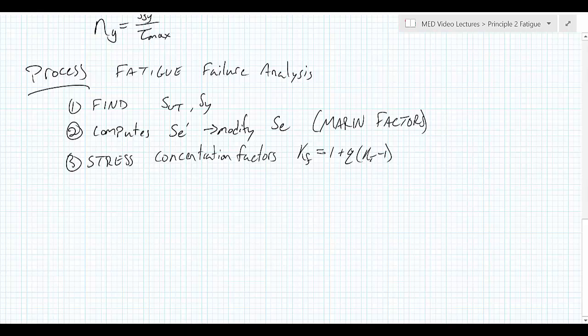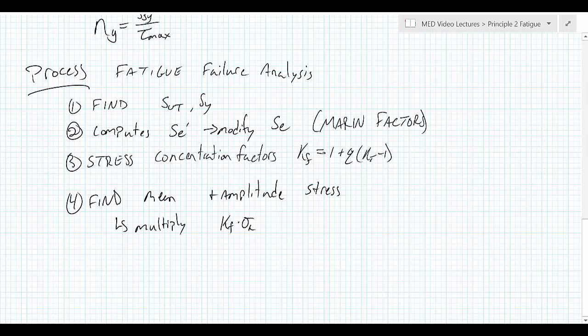So we can do it one of two ways. We could either multiply Kf times the stress and then calculate it, or we can find the mean and amplitude stress and then multiply them by our factors. So Kf times sigma A and Kf times sigma mean.